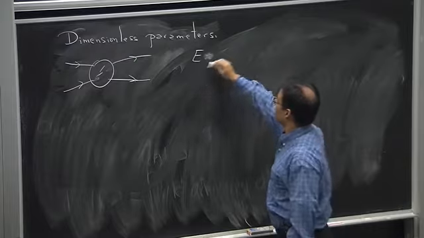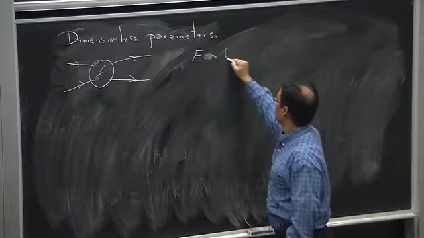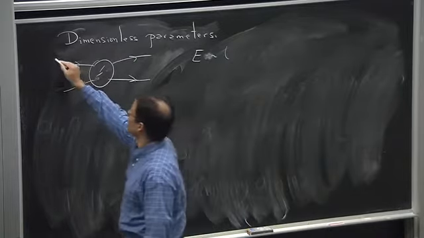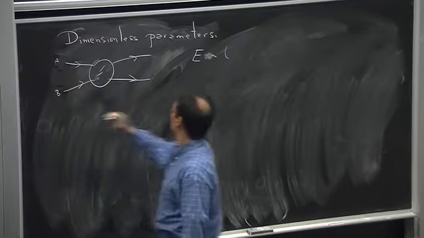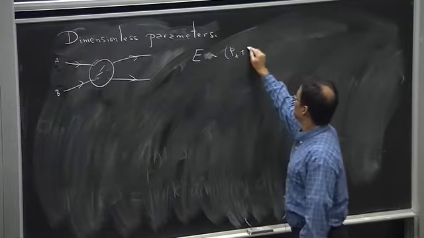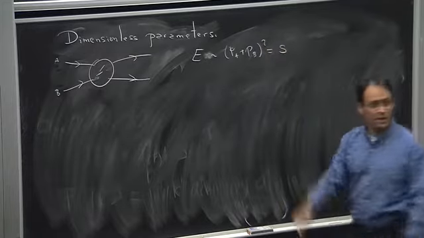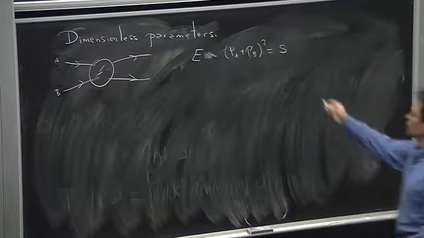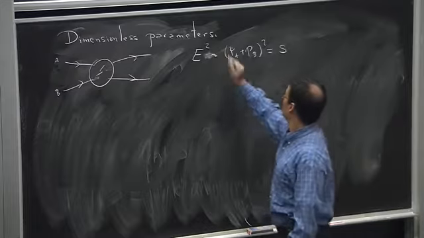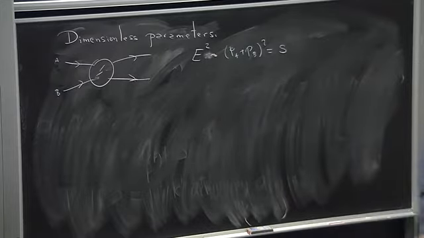So the center of mass energy is given by, say, if these were particles PA and PB, it's given by PA plus PB squared. And this is what we call in QFT S. So the energy squared is controlled by this parameter we call S.